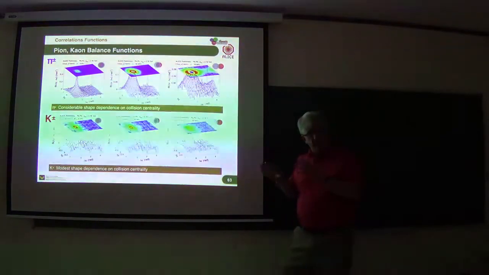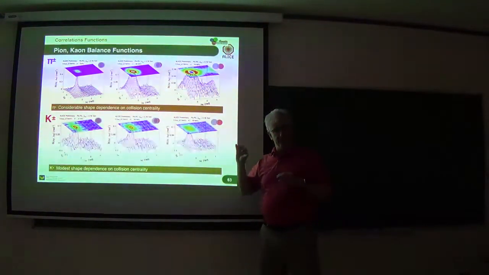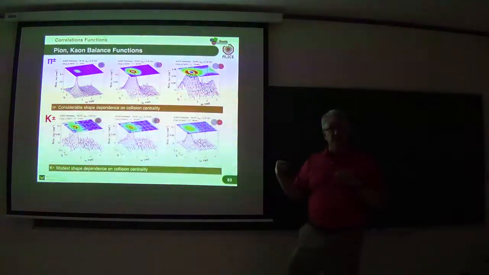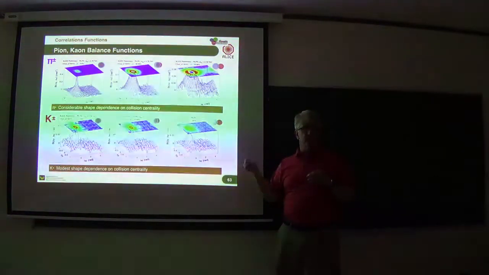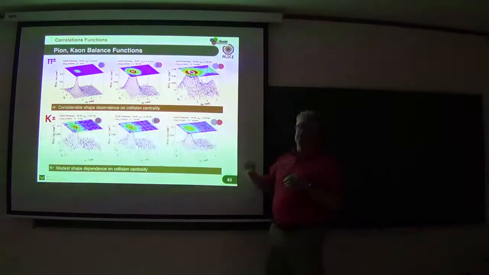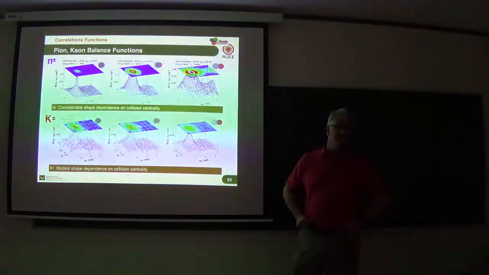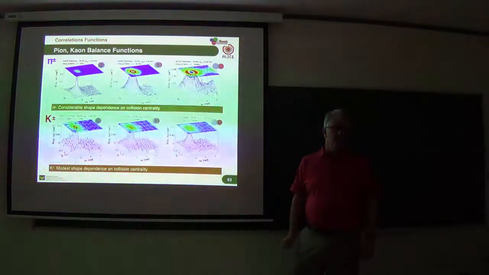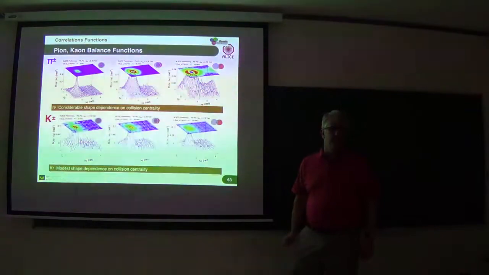But we need to do a little more work to quantify the contribution of the phi. There's a possibility that we can actually eliminate the phi and have an answer without the phi, but we haven't completed that yet. Mainly because the lifetime of the phi is very different from the rho, for example.